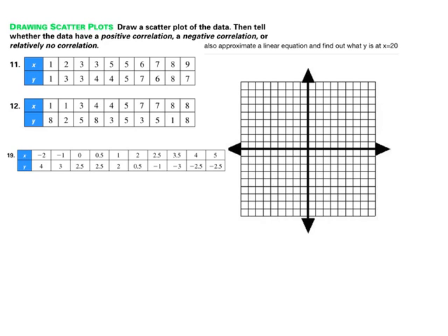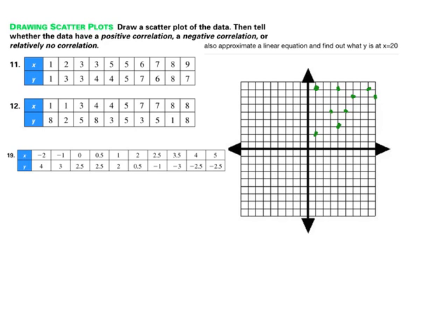Okay, now we're going to do the other one. 1, 8. 1, 2. 3, 5. 4, 8. 4, 3. 5, 5. 6, 7. 8, 8. 9, 7.